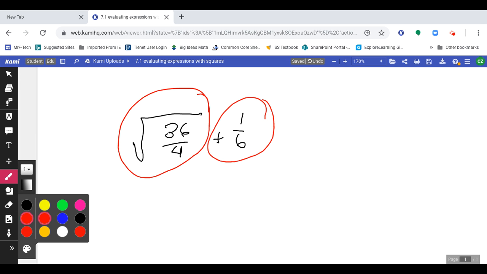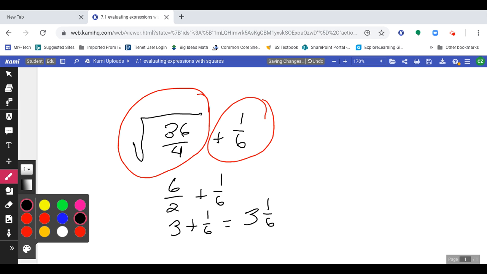Okay, and that would be this aspect. So let's go ahead and do that. Okay, well, the square root of 36 over 4. So I'm going to find the square root of 36, which is 6, and the square root of 4 is 2. This is now plus 1/6. I know I can reduce 6 halves to 3, plus 1/6. Okay, and that is going to equal 3 and 1/6.